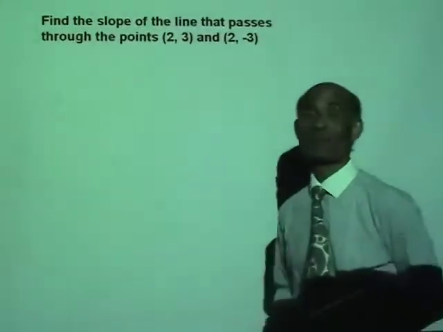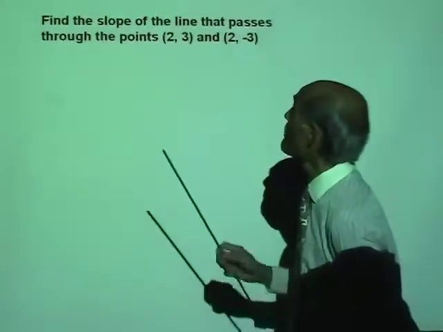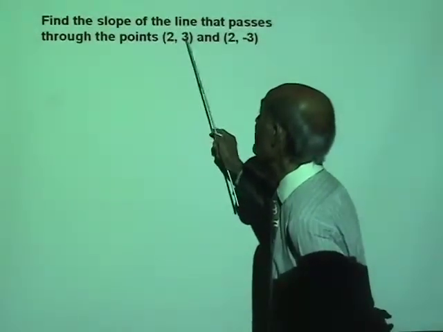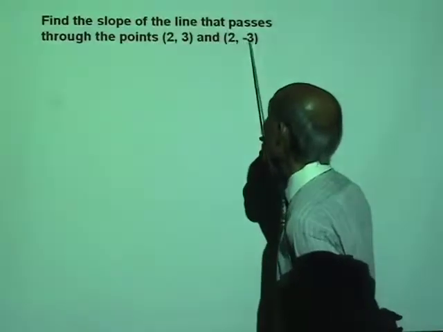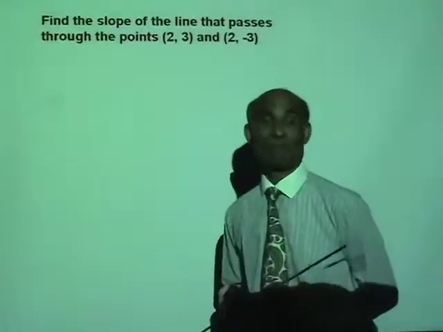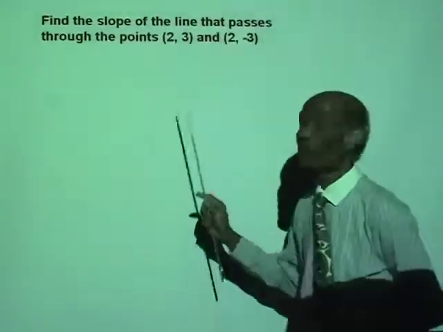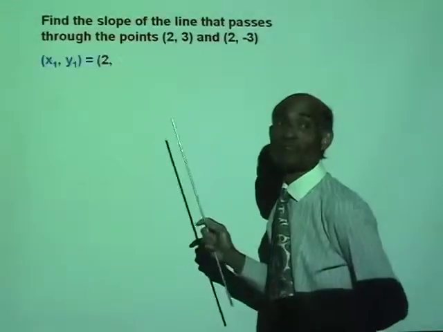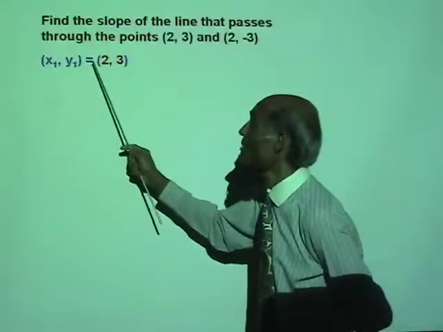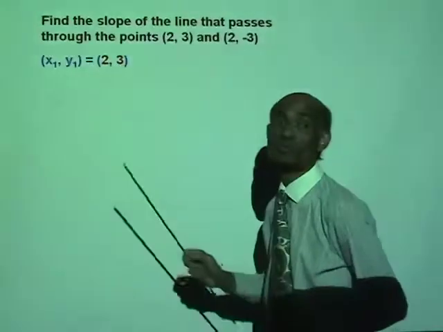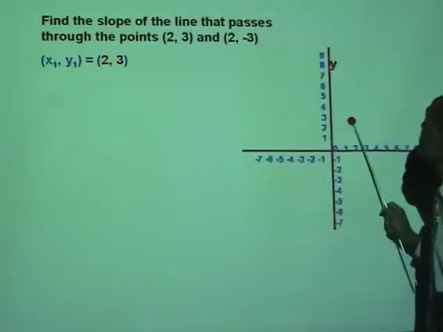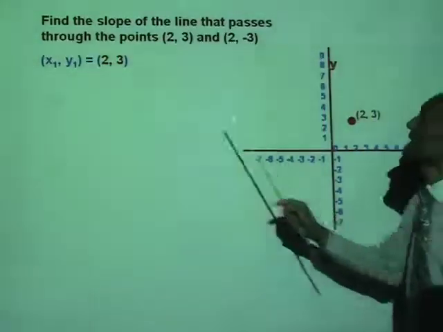Let's try another one. Find the slope of the line that passes through the points (2, 3) and (2, -3). That's interesting because you notice they have the same x value. Alright, x1, y1 equal to 2, 3. The point is x equal to 2, y equal to 3.